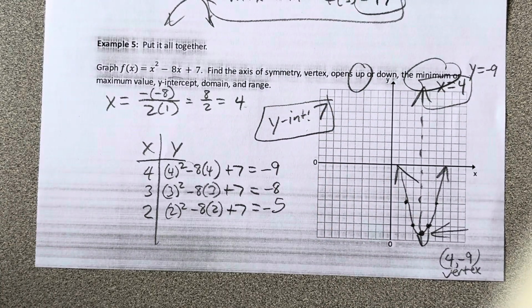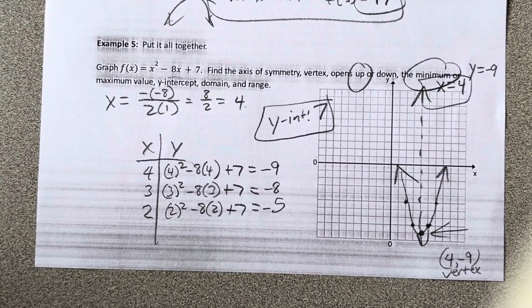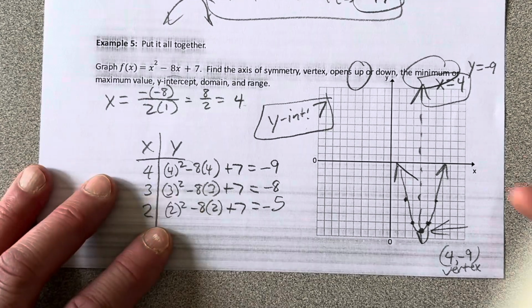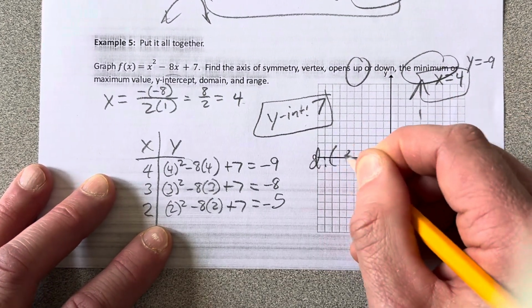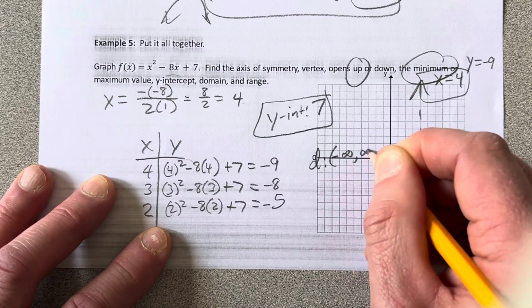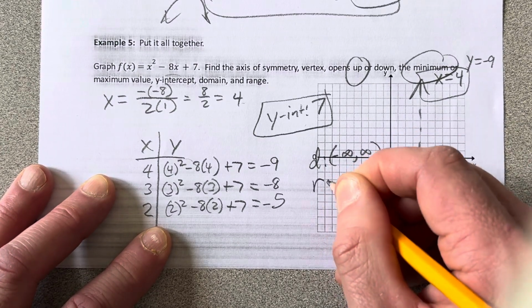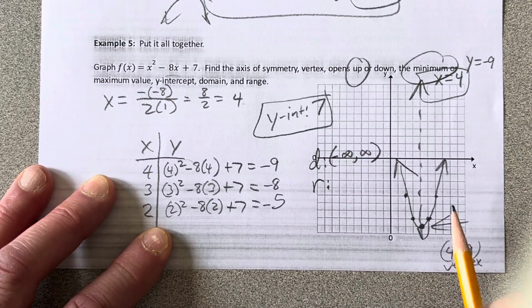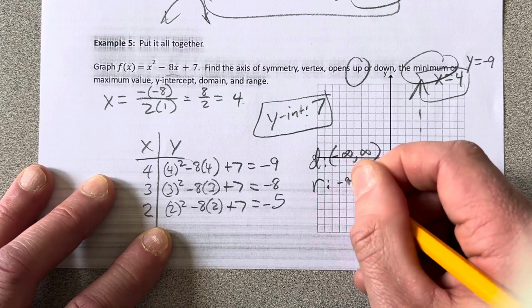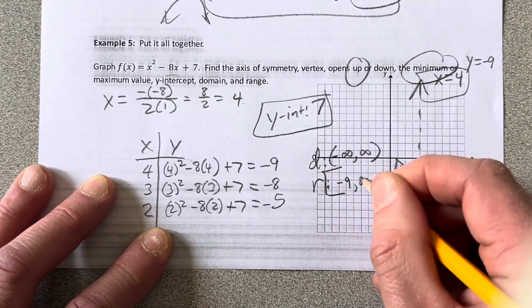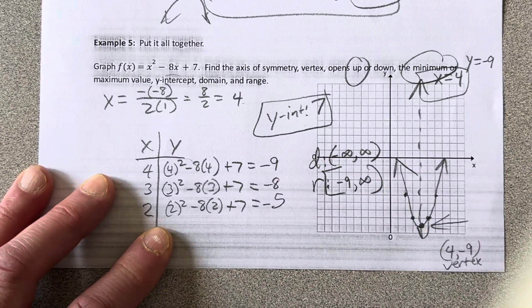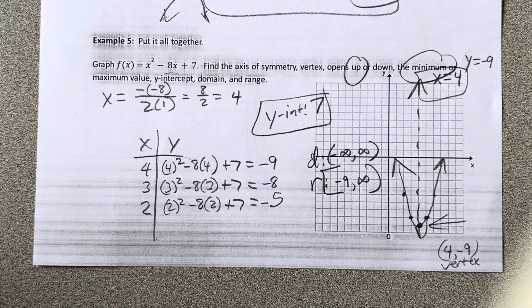And then the domain and range. So we've got our domain, all real numbers, negative infinity to infinity if you'd rather. And our range, our smallest value is negative 9. And our biggest value is infinity, like so.